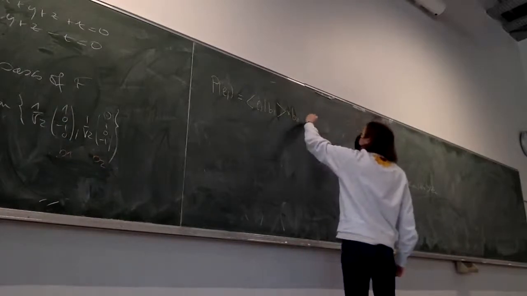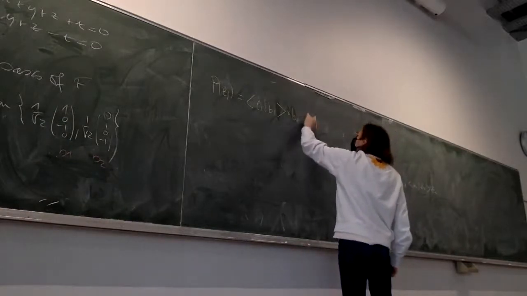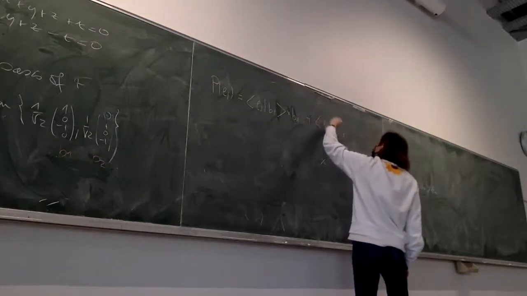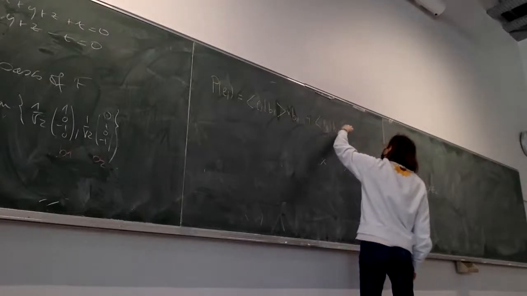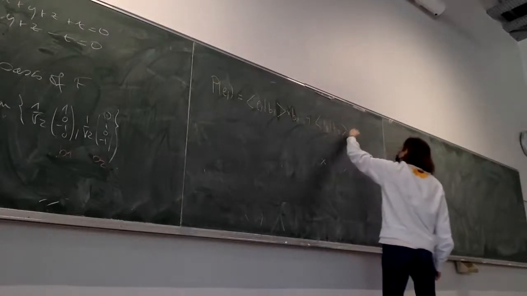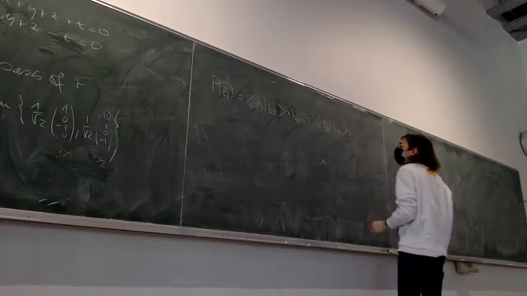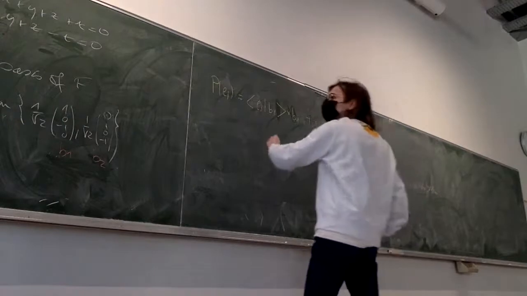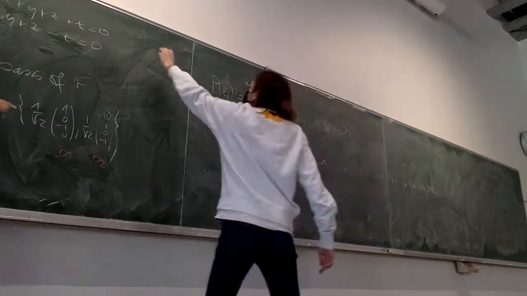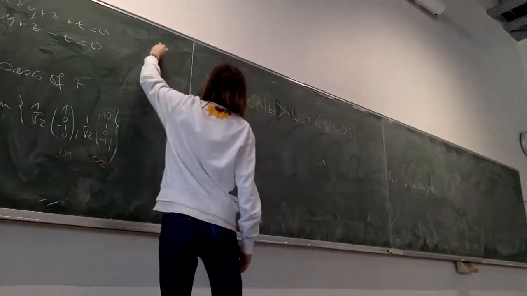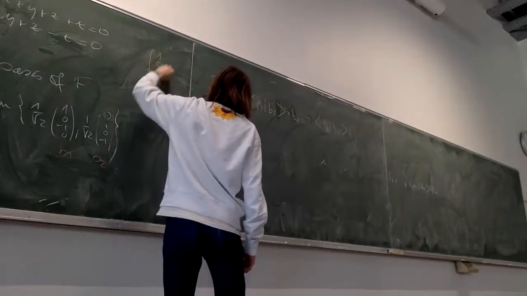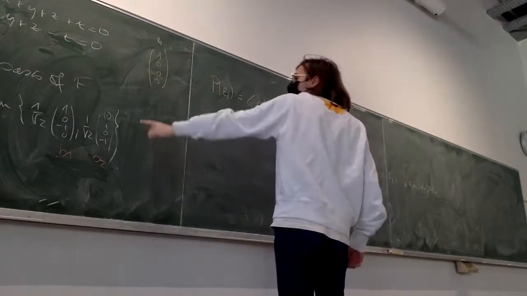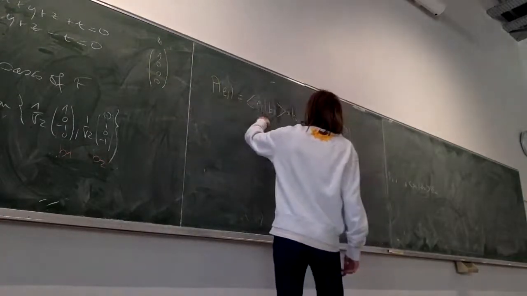Yeah. So this is the e1, and b1 is this one over square root of 2 times... Yeah, and b1 is that. So this x1 times b1.